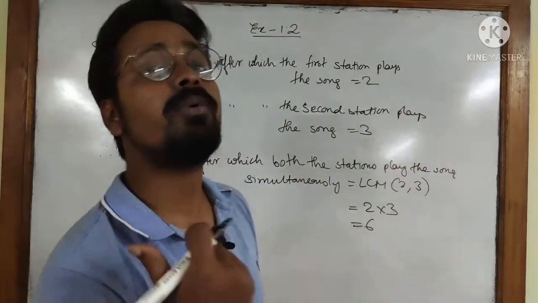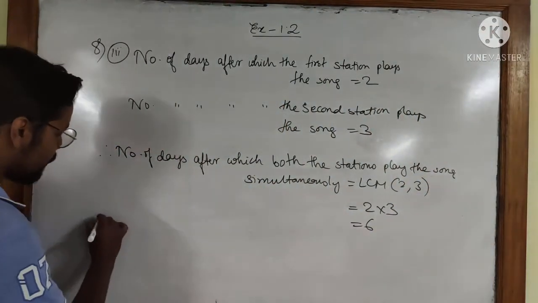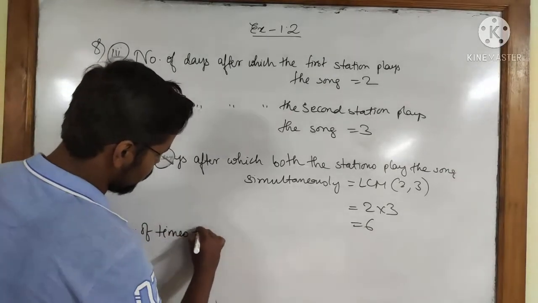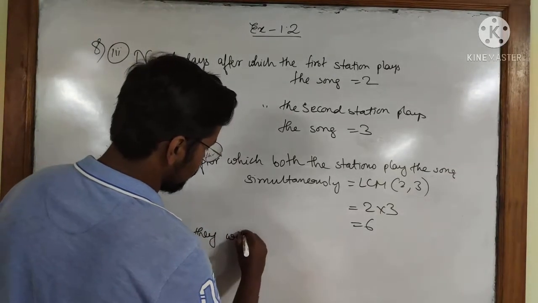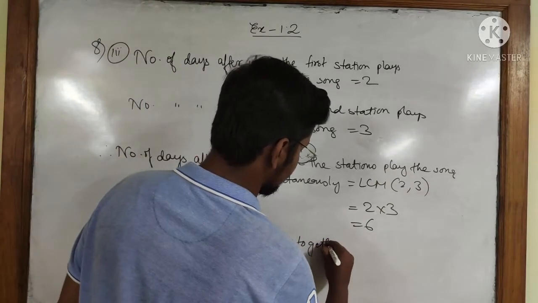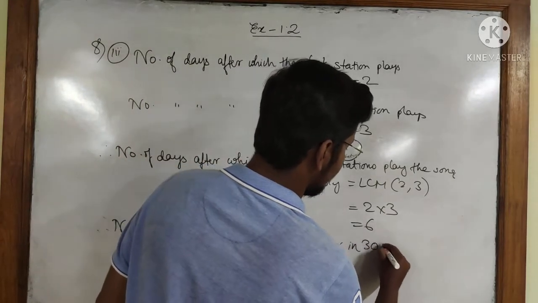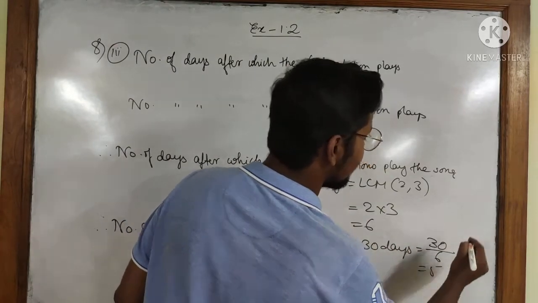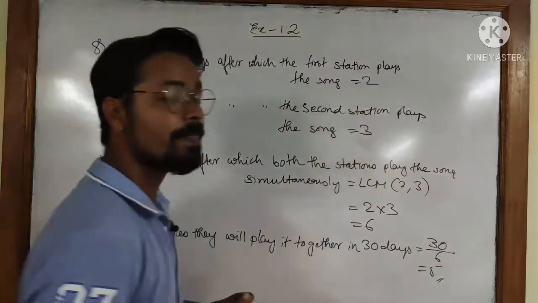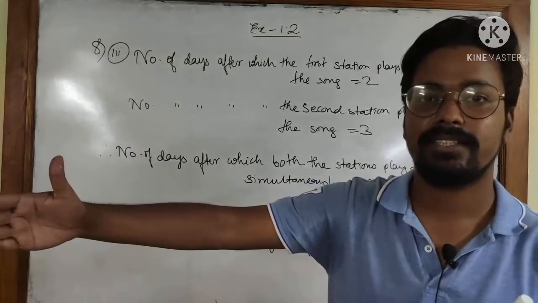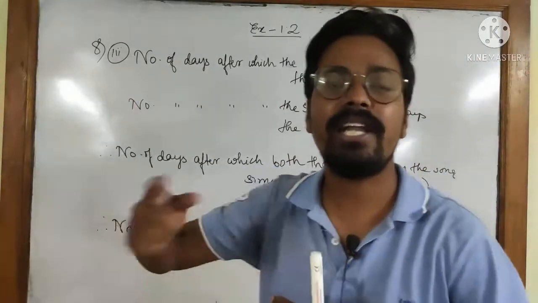So in 30 days how many times will they do? Therefore number of times they will play it together in 30 days is equal to, obviously divide 30 by 6, you will get the answer 5. After every 6 days they play it together. So in 30 days means in 1 month how many times will they play?